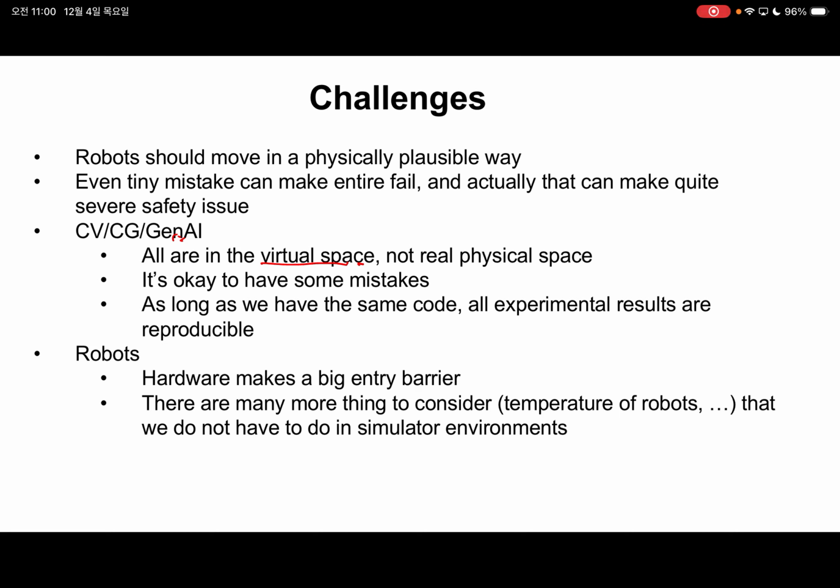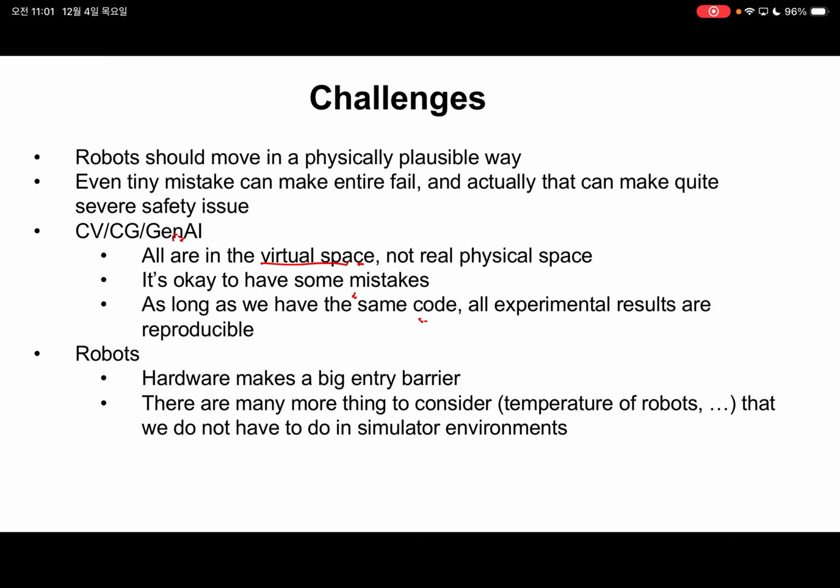We're not interested in physical law. Of course, if it follows physical law, it might be visually more pleasing, but it is not strictly following physical law in virtual space. So it is okay to have some physical mistakes. And as long as we have the same code, all experimental results are reproducible, right?